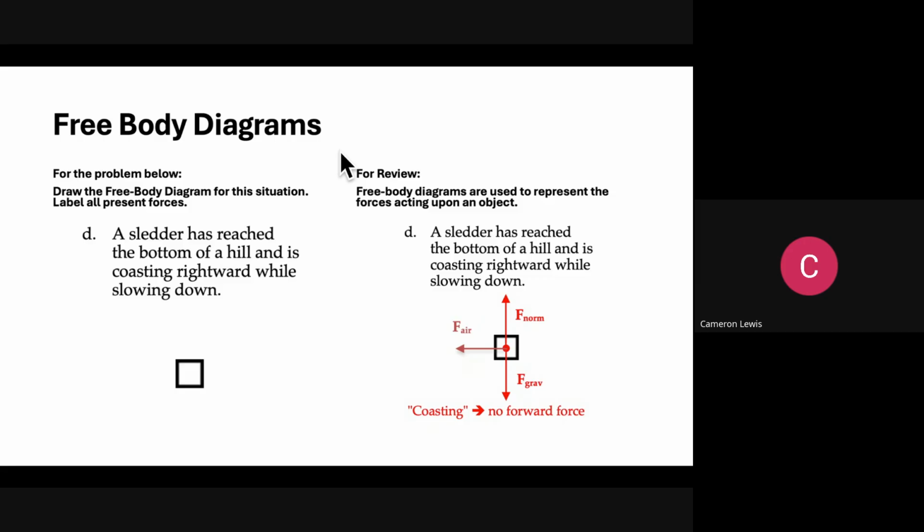Slowing down gives the indication of what? Deceleration. Change in the rate of acceleration. Not change in rate of acceleration, but change in velocity.